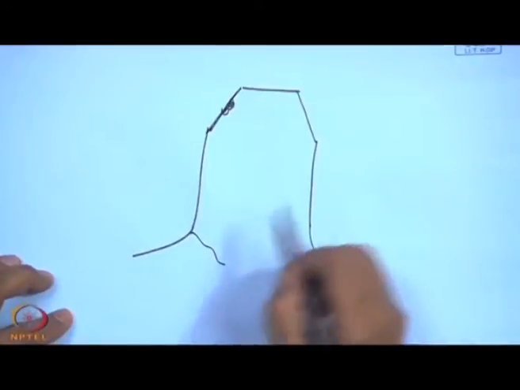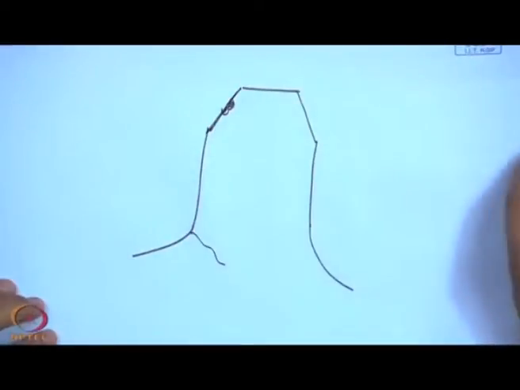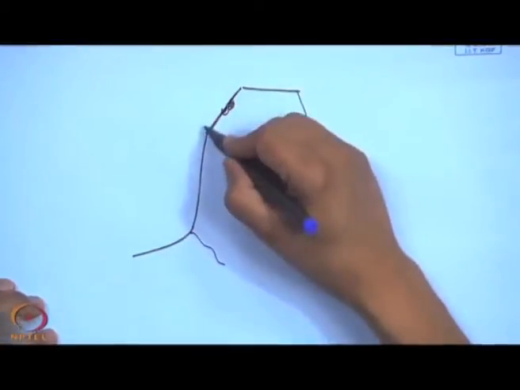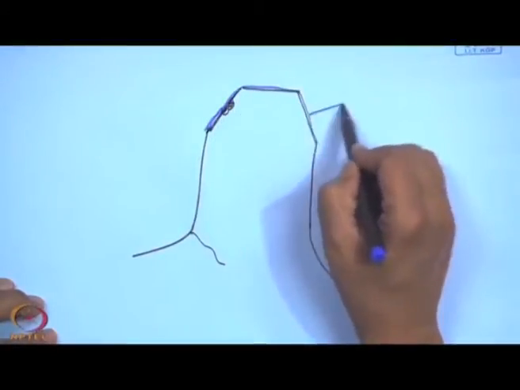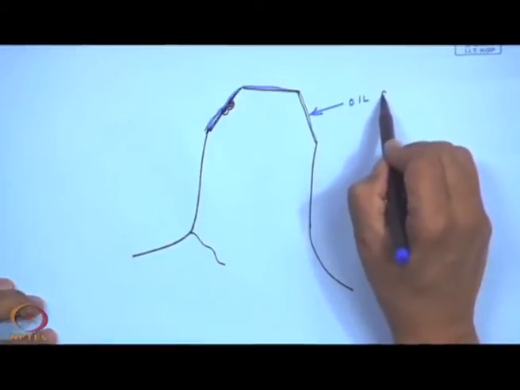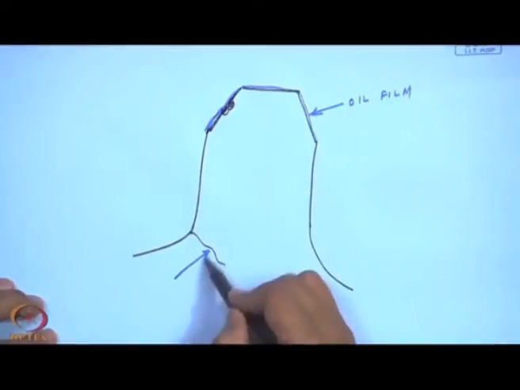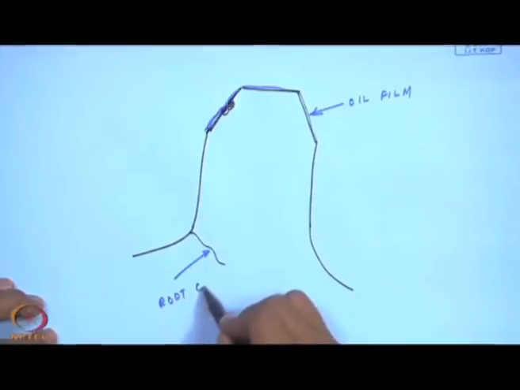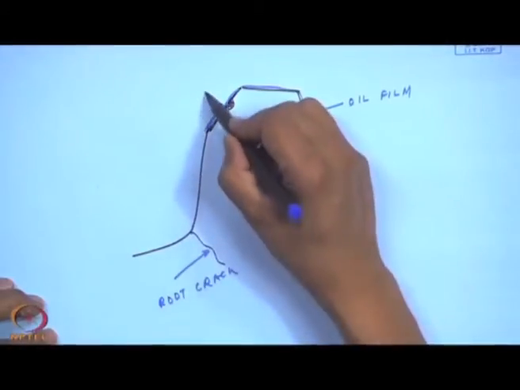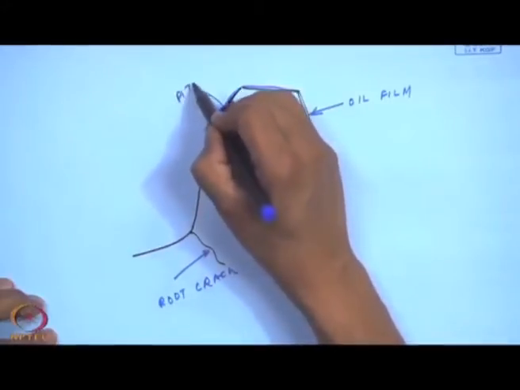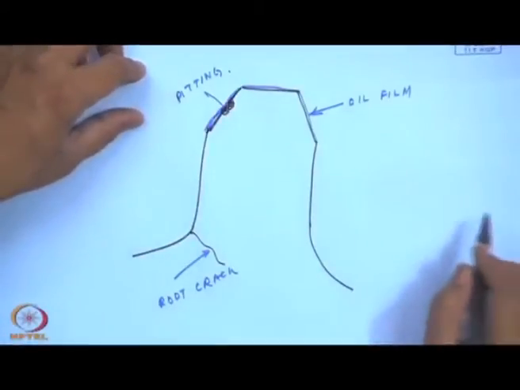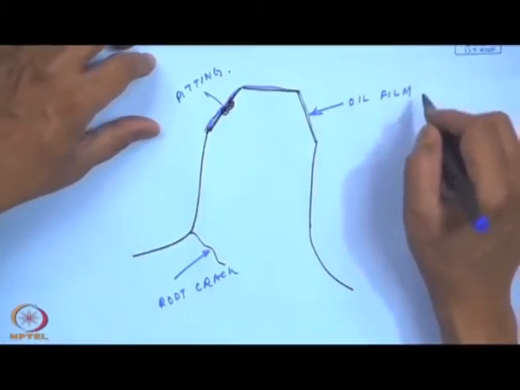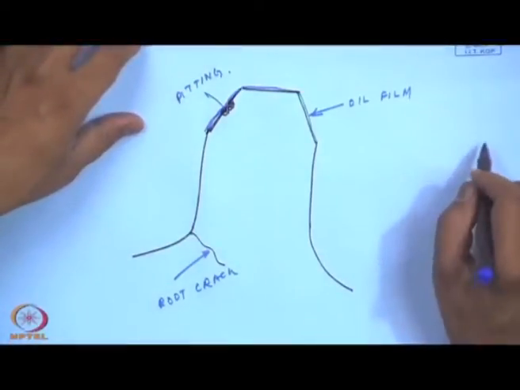There could be cracks, and there is always a thin layer of oil film here. This is the root crack, this is the pitting. Of course, bearing faults, debris fault detection, coupling faults and overheating, all this can occur.